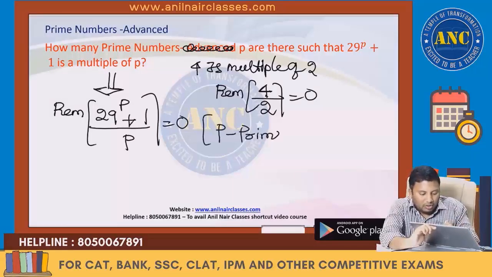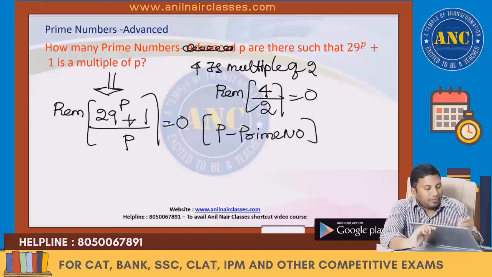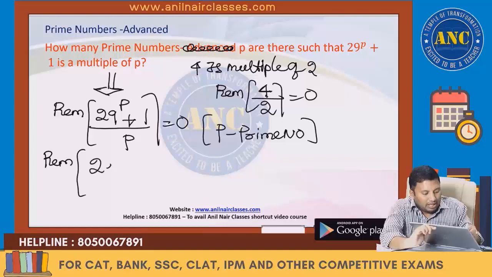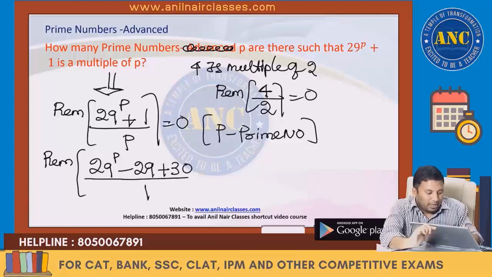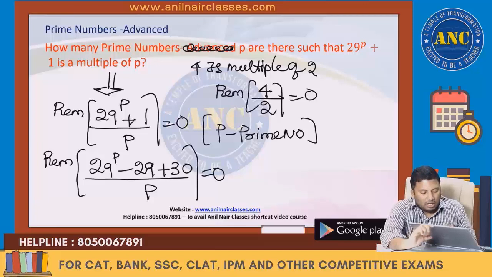How many values it will take? Can I say that this is nothing but 29 power p minus 29 plus 30 when divided by p, it is 0. Now see, what is the concept that we discussed?